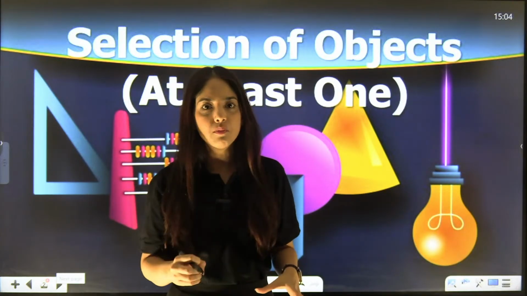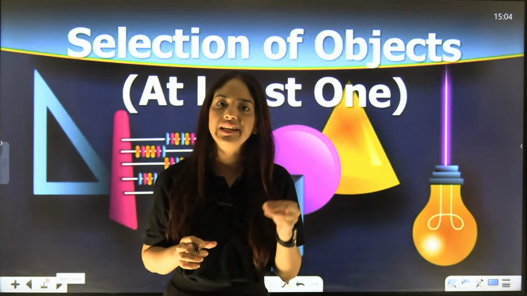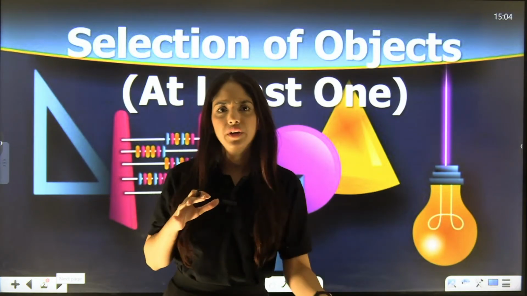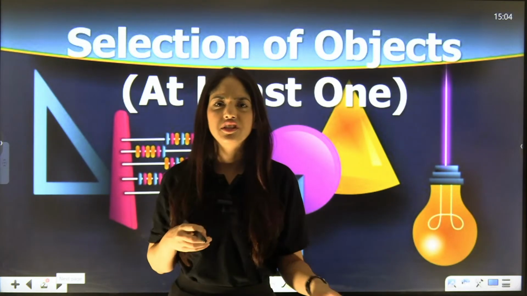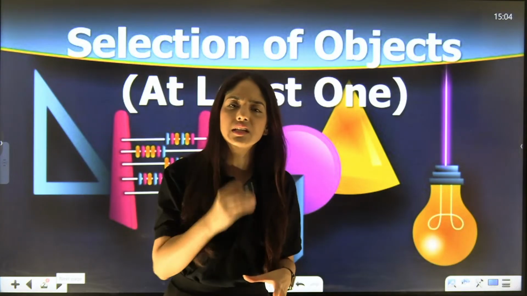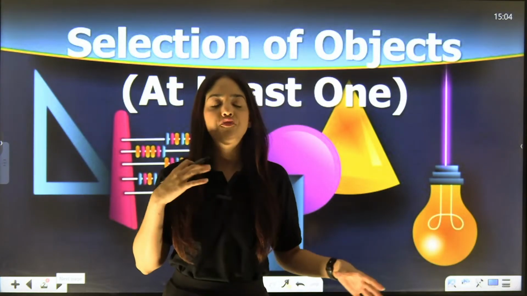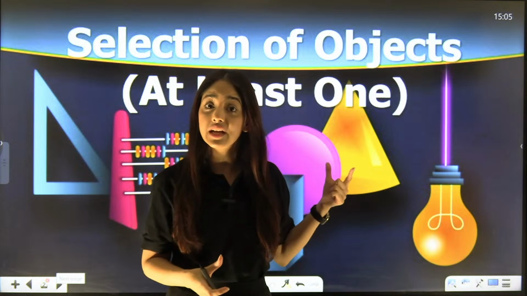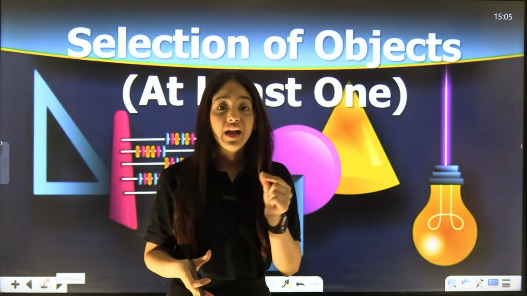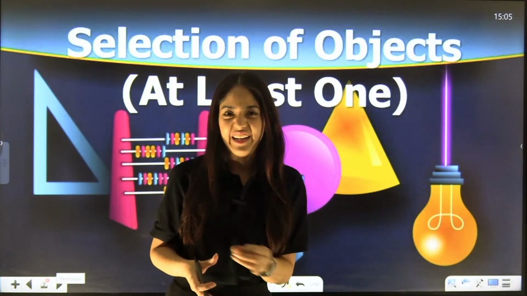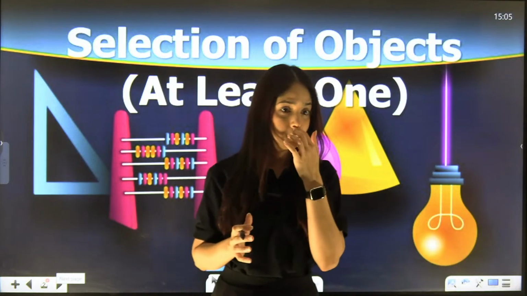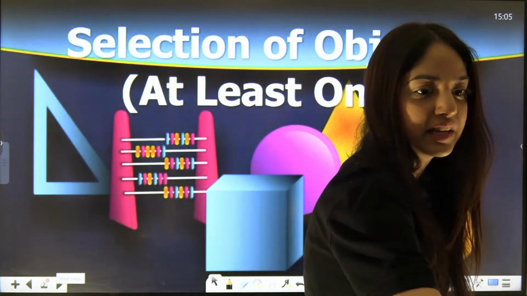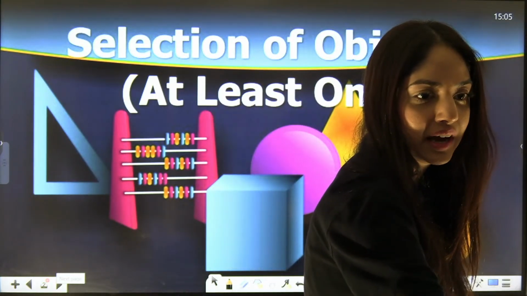We are choosing some objects, but we have to choose at least one under different conditions and different scenarios. We're going to see this kind of problem one by one, and a very important application of this kind of problem is when we have to count the number of divisors of any natural number. So let's start. If there is any doubt, feel free to ask in the chat.